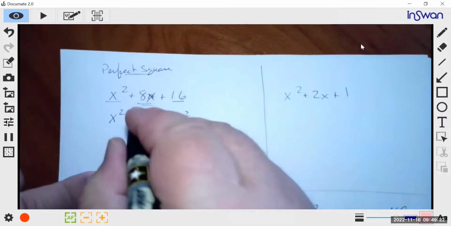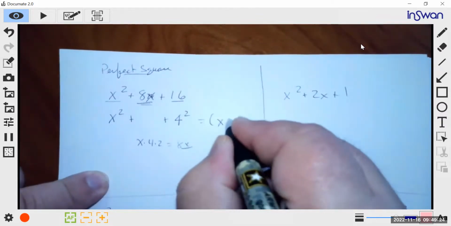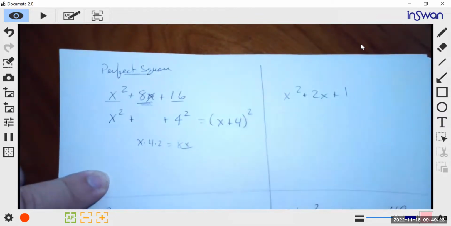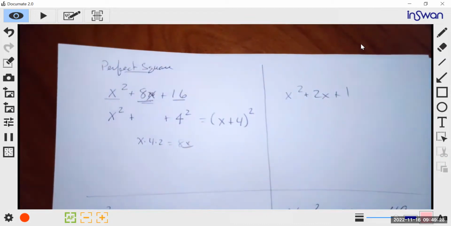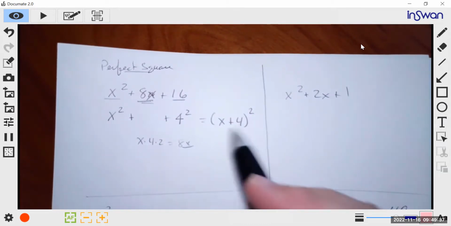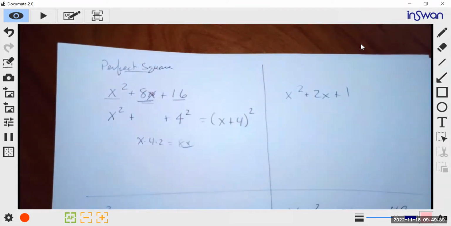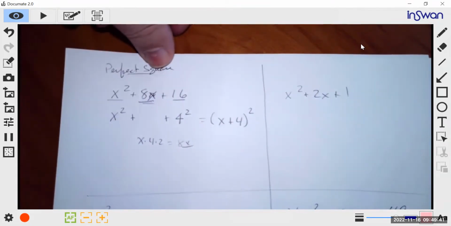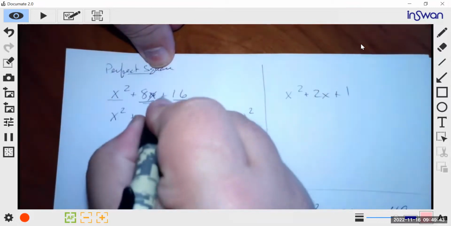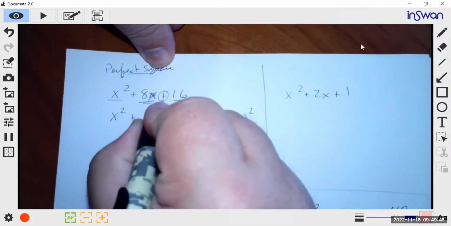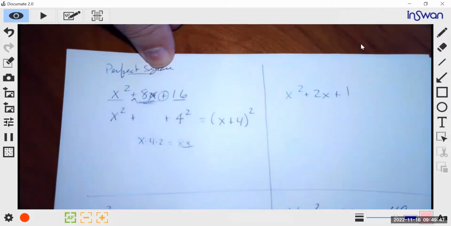Because that satisfies that, I know my factor is the first and last term added together squared. It's added because the second sign's a plus and the first sign's a plus. That means all the signs have to be pluses.